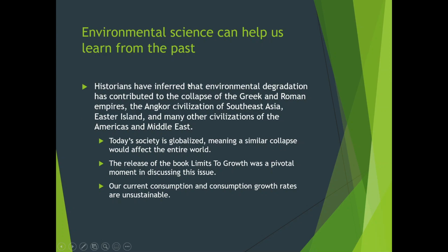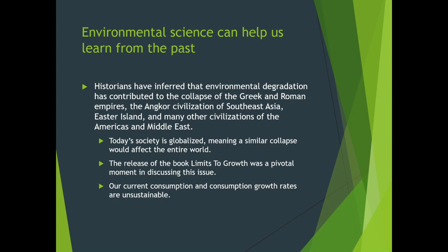Historians have inferred that environmental degradation contributed to the collapse of the Greeks, the Romans, the Angkors, the Mayans, everybody. All right, this is something that's repeated. There's a good book called Collapse by Jared Diamond, and he goes through all these different societies and shows how they were once a great empire and went to nothing. All right.